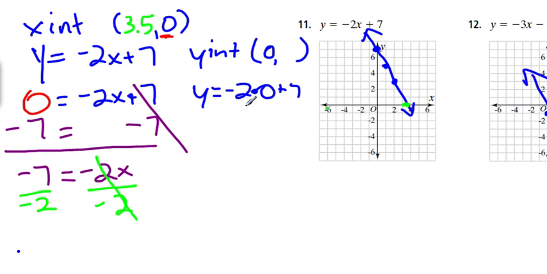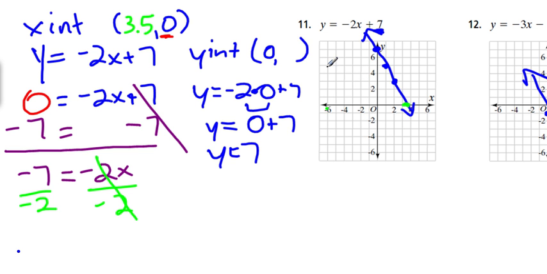Well, 2 times 0 is just 0, so it's going to be 0 plus 7, and 0 plus 7 is just 7. So if we're in this form right here, if y is all by itself, x is being multiplied by its coefficient, plus or minus some number at the end, our y-intercept is just going to be that number.